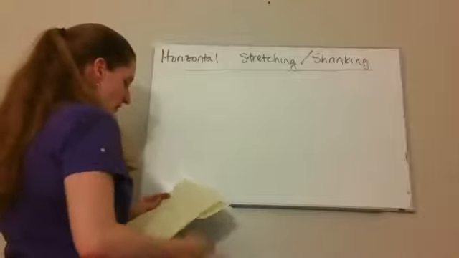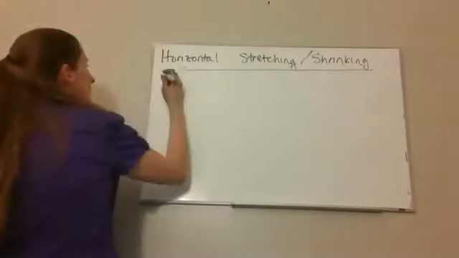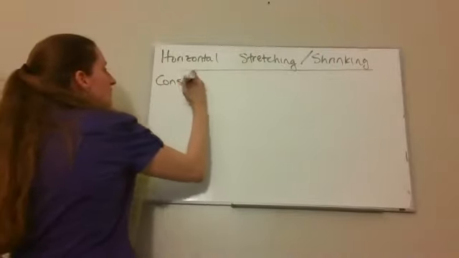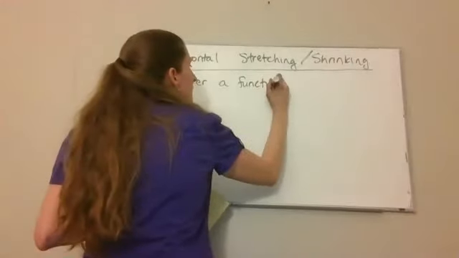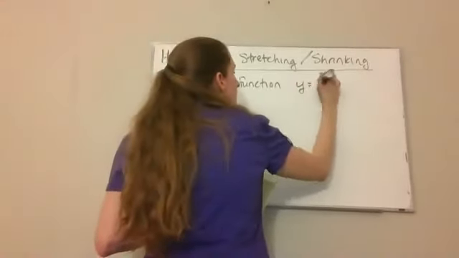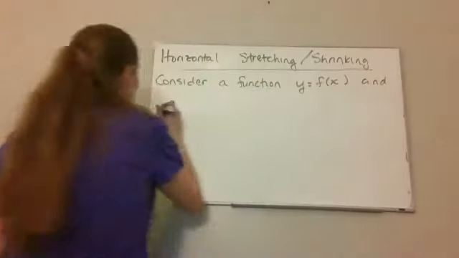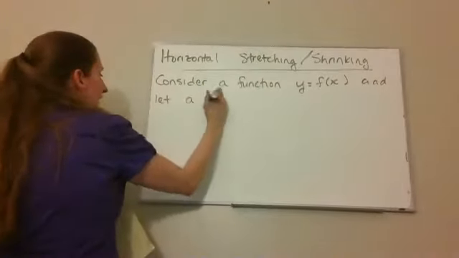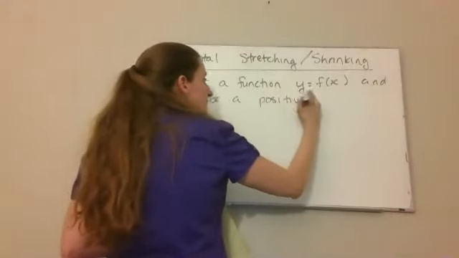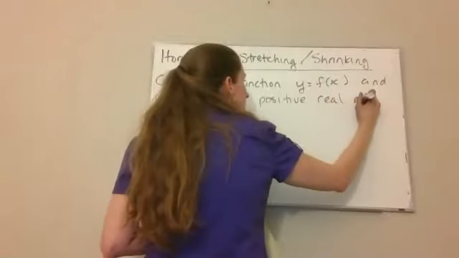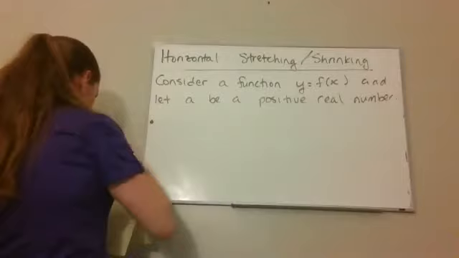So we are going to consider a function y equals f of x. And again, we're going to let a be a positive real number. Then two things are true.